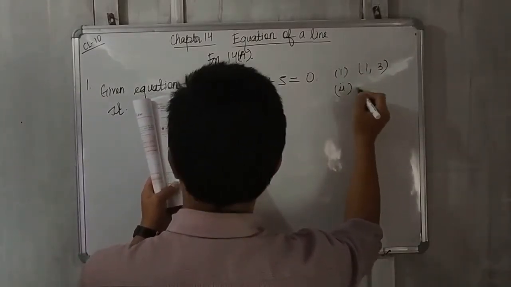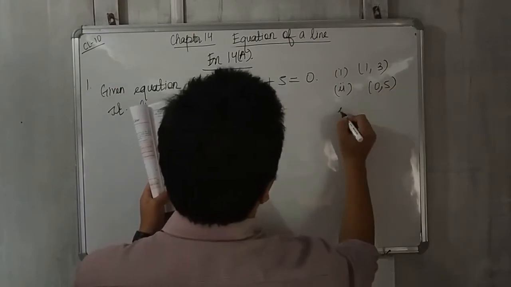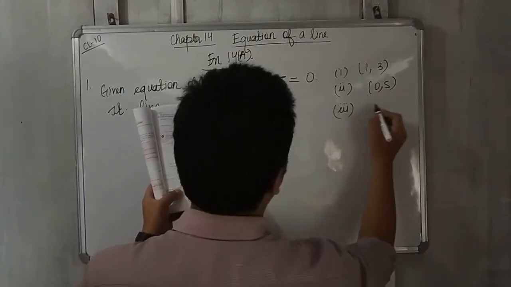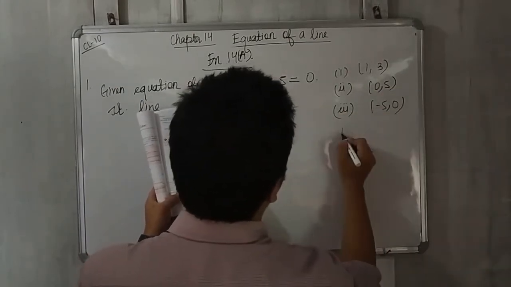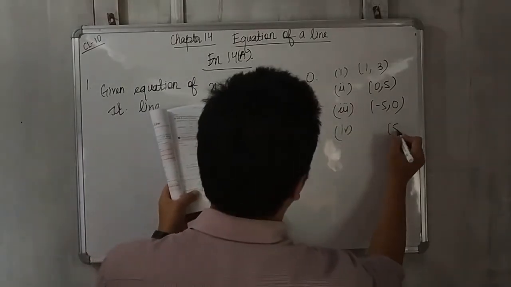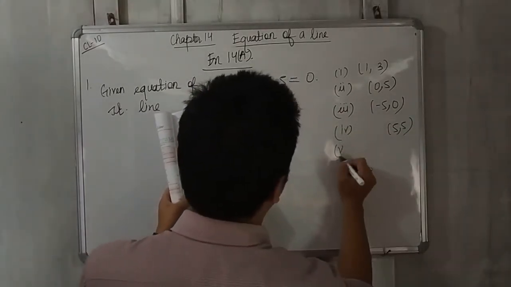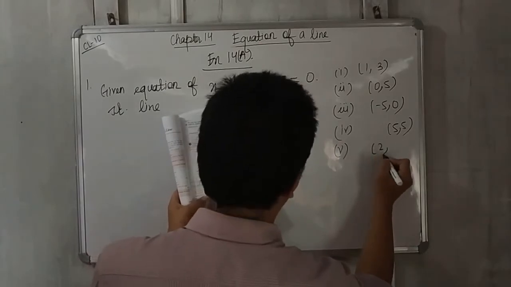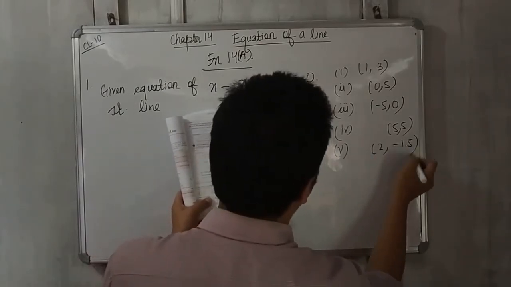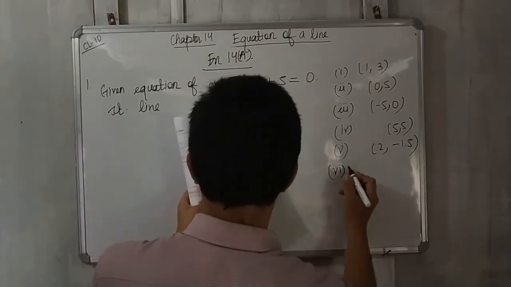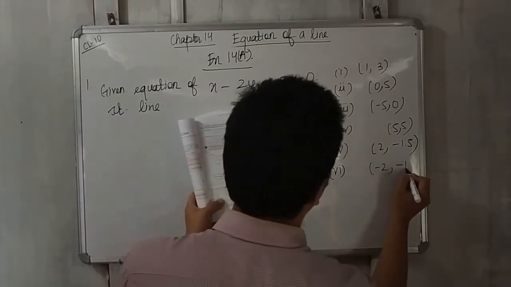Number 2 point is (0, 5). Point number 3 is (-5, 0). Point number 4 is (5, 5). Point number 5 is (2, -1.5), and point number 6 is (-2, -1.5).